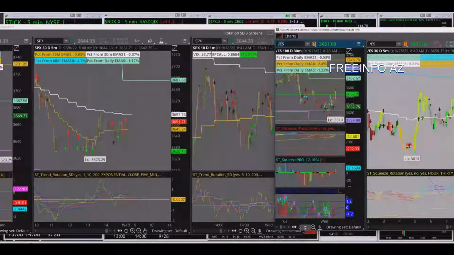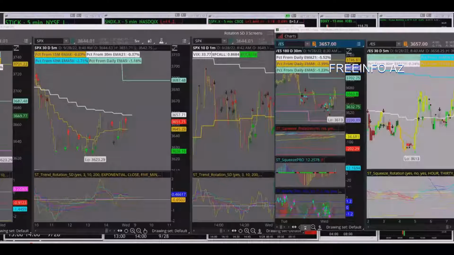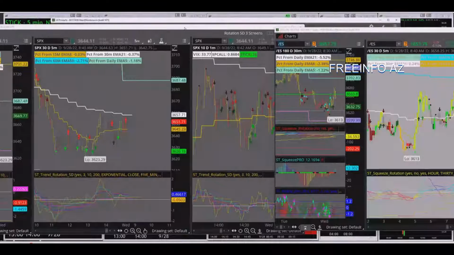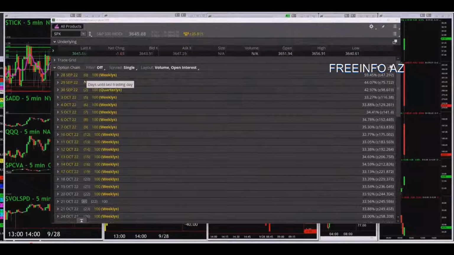We can look at just some things here and how we would set this up when we get a signal. So the things I like to do here, you'll notice on the SPX, we've got 0 days to expiration, 1 day to expiration, 2 days to expiration. And for the most part, especially early in the session, I am looking at 0 days to expiration. So those all expire today.